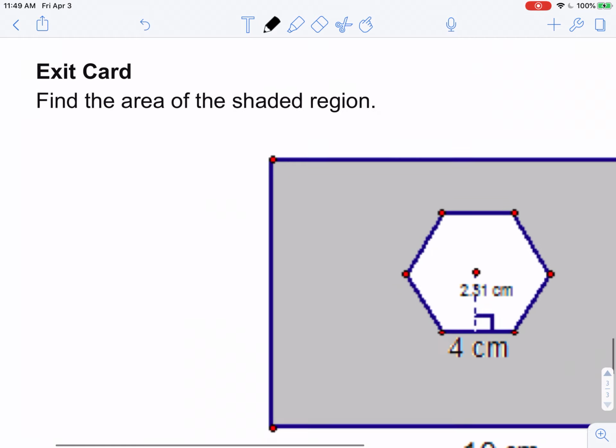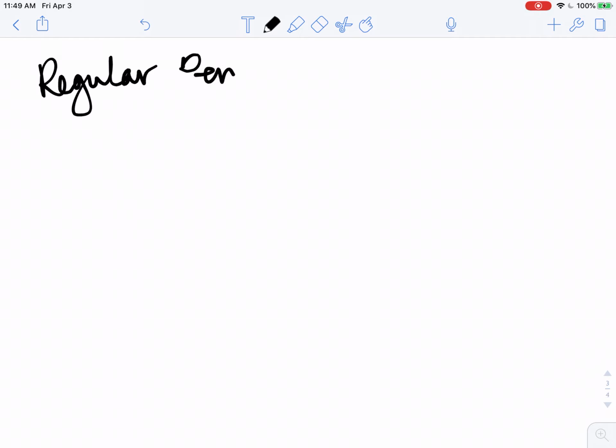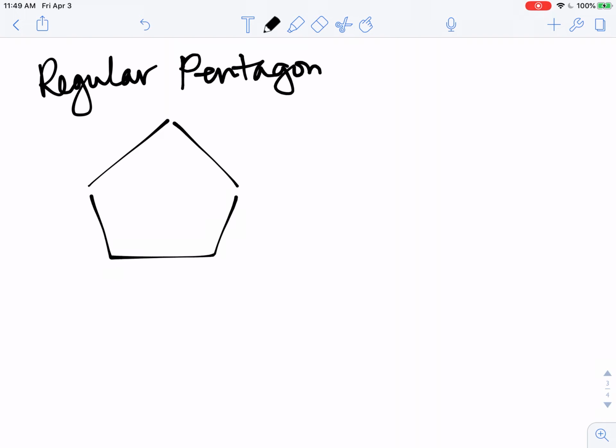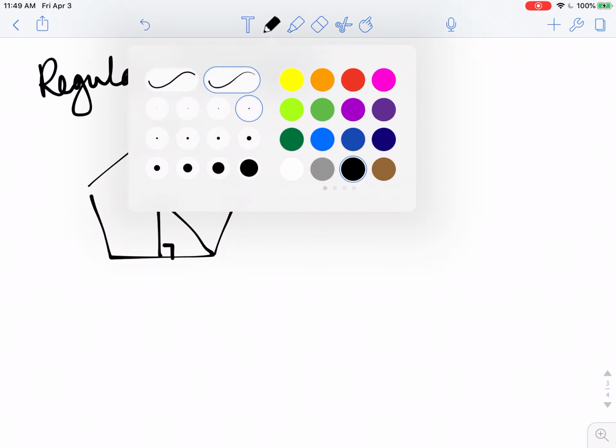One last note. Sometimes you're going to come across something that doesn't have that nice 30, 60, 90 pattern. So for example, if you are dealing with a regular pentagon, and if I wanted to be able to solve for some sort of measurement in there, it's not a nice little 30, 60, 90 triangle.